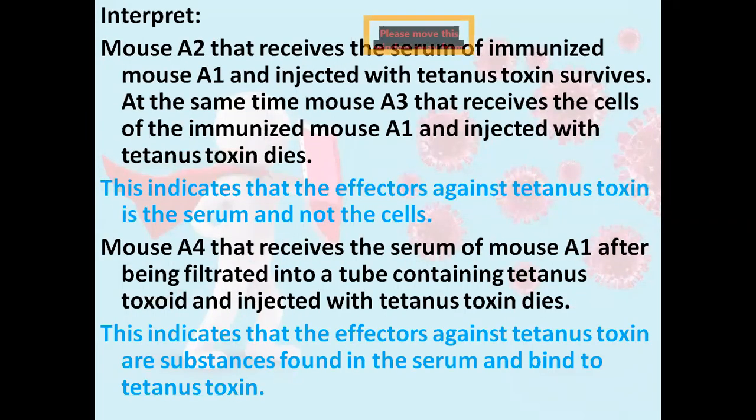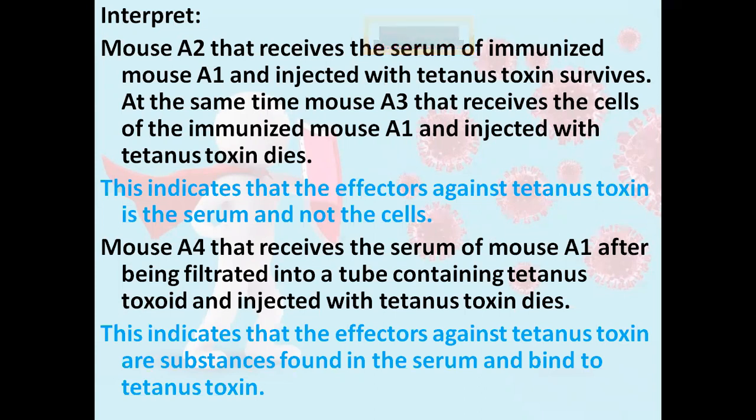Interpret. Mouse A2 received the serum of the immunized mouse, meaning it was immunized with tetanus toxoid, then injected with tetanus toxin, and it survived. At the same time, A3 that received the cells of immunized mouse A1 dies. This indicates that the effectors against the tetanus toxin are inside the serum and not the cells.